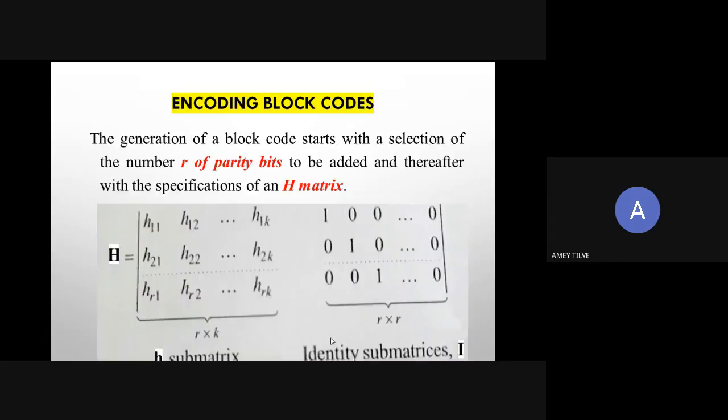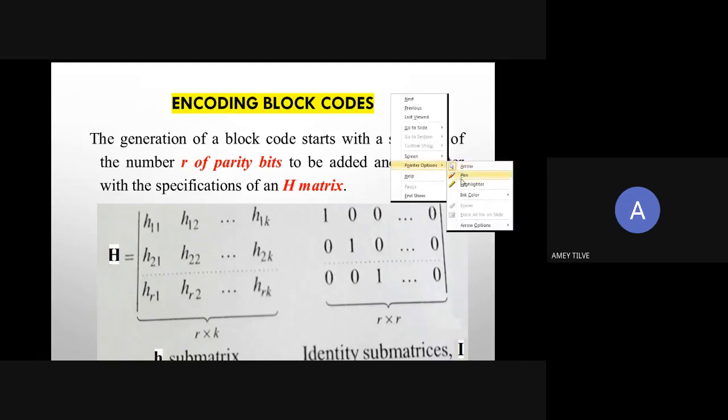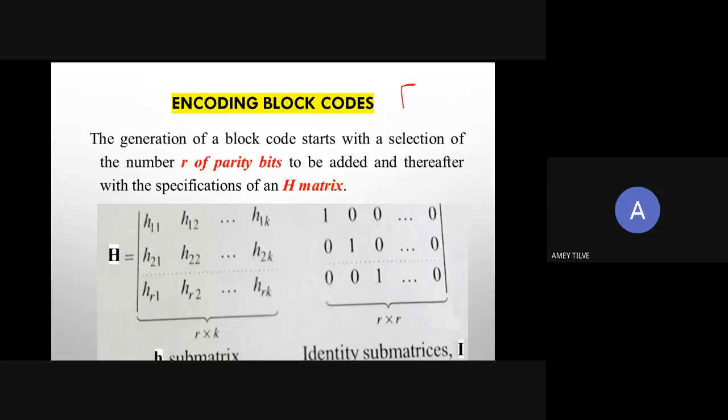So the generation of a block code. Basically your block code will start with your actual number of bits, that is K, followed by your R. R is nothing but redundant bits. When we are solving for the redundant bits, we take this redundant part as an identity matrix. All of you know what an identity matrix is. The smallest example, a 2 by 2 identity matrix, will be 1, 0, 0, 1.